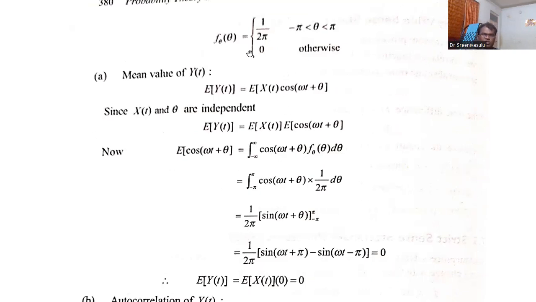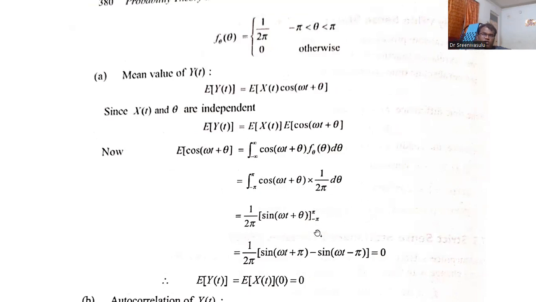Because it is a uniform density function, f_θ(θ) is 1/(2π) within this interval. So, finally, 1/(2π) times the integration of cos, which gives sine: sin(ωt + θ), integrating with respect to θ.